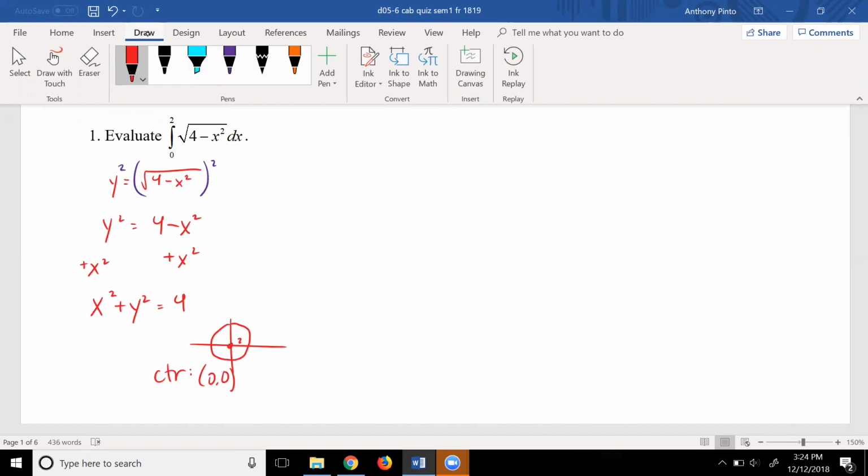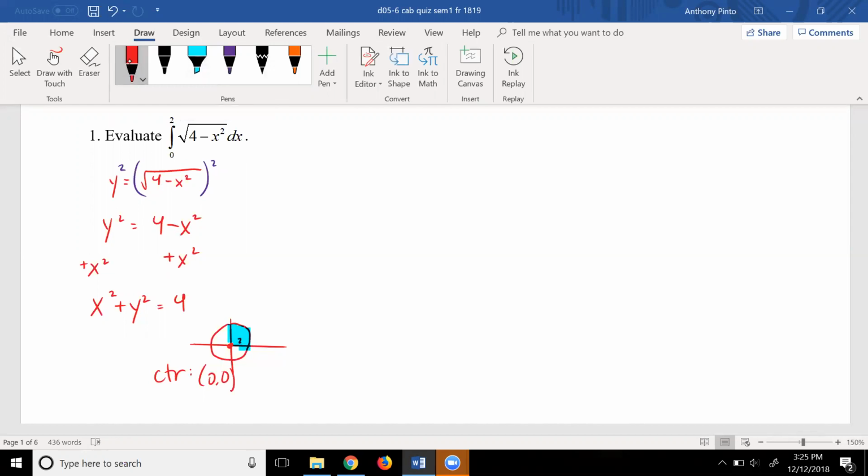All right, so let's think about this. Basically what we're finding is this area that I'm highlighting right here. Everything above the, oh, I'm sorry, not there. Right there. Everything from 0 to 2 on this circle. So basically, we're finding the area of a quarter circle.